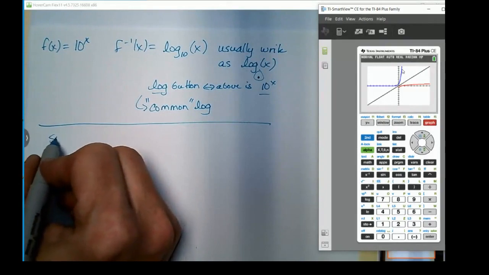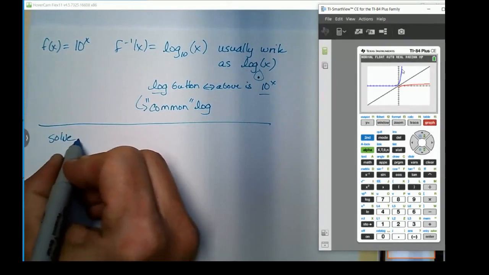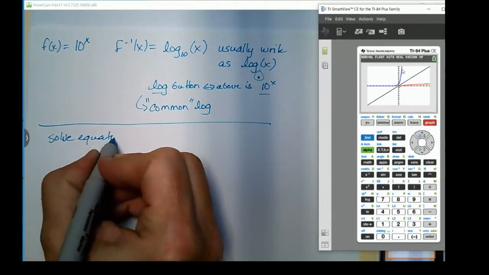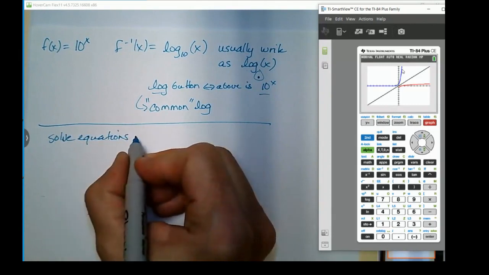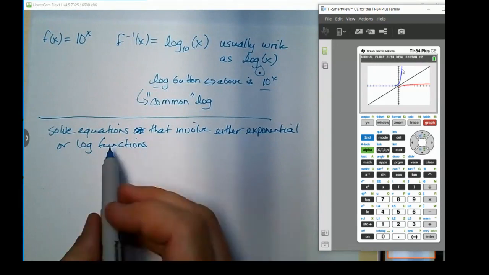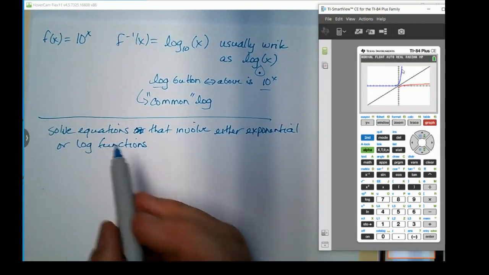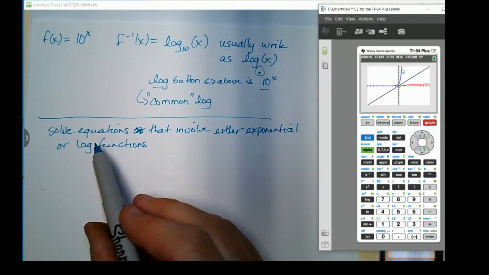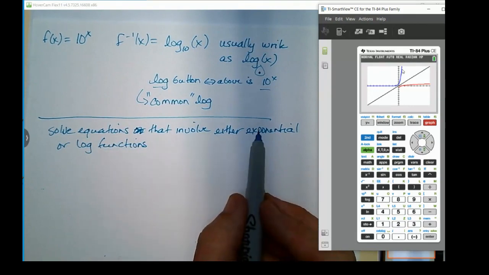One of the things that we're going to try and get to in this unit is to where we can solve equations that involve either exponential functions or log functions. Because these two types of functions are both kind of complicated, we're going to use the idea a lot that these two are inverses of each other.